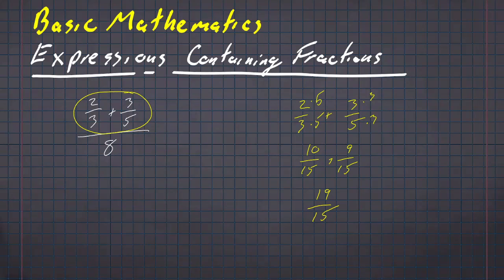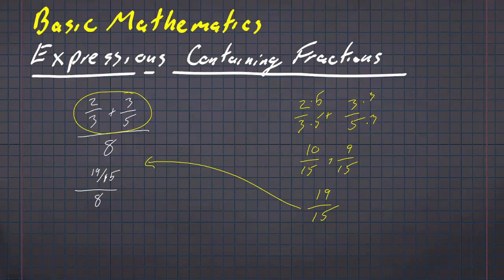Doing that gives me 19 over 15. Then I can take that result and bring it back into the original fraction and write down that I have 19 over 15 all over 8.